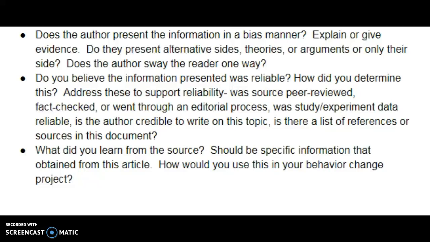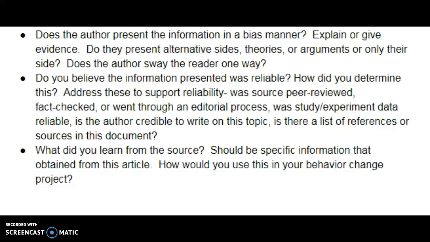So first of all, as writers, we all have bias. Everybody has bias. So it's very hard to not be biased when you're writing. So they may give an alternative side or an alternative argument. If you see that in there, okay, then they're trying to be unbiased. If they're trying to sway you one way or the other, then there is some bias. So you want to make sure to note that.